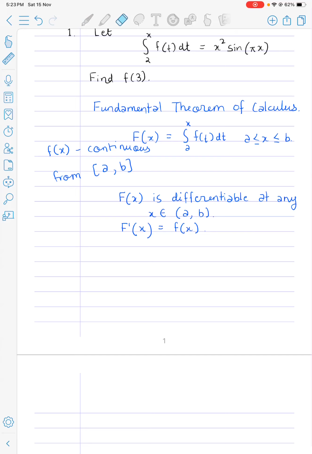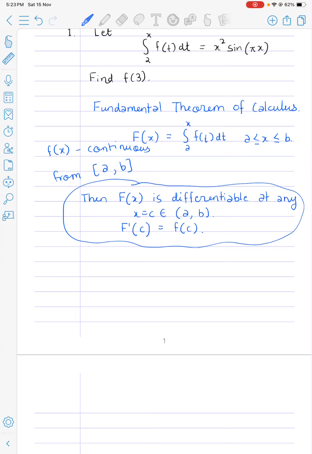In fact, let's denote it by a different variable. So this one is the conclusion, and this one is the assumptions.